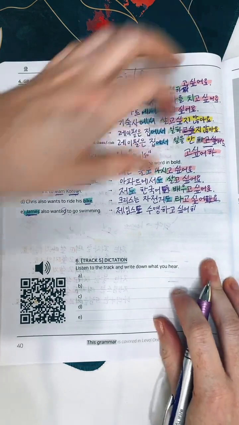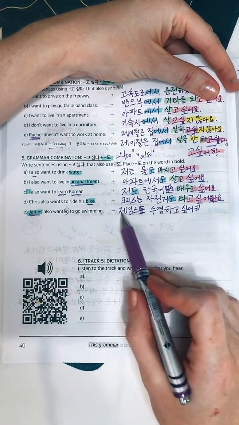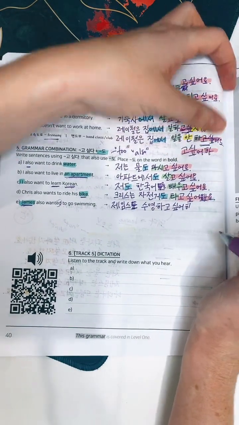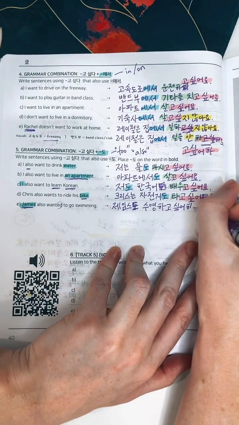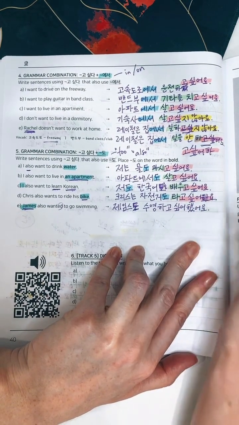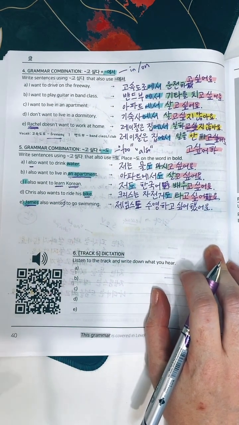Because that is the someone else part. We're talking about James, so 싶어 하다, but we need this in the past tense. 싶어 했어요. That is the past tense form of 싶어 해요.